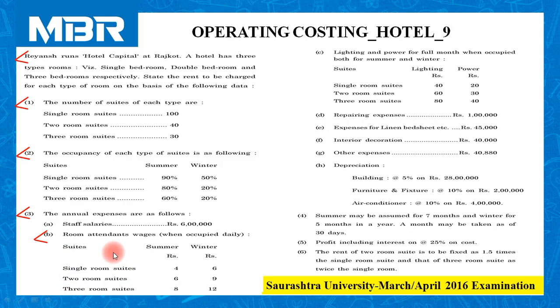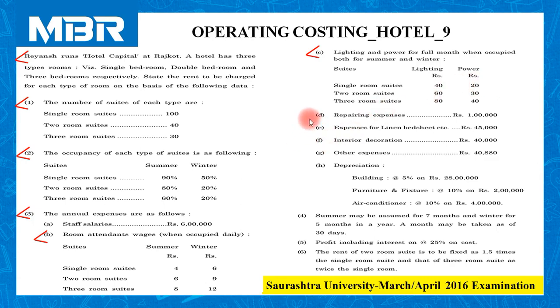So in this question, calculation of room attendants' salary is also important. Lighting and power when occupied, both for summer and winter, are given separately for all three categories of room. The cost of lighting and cost of power are given separately, but we can make it total at the time of calculation.